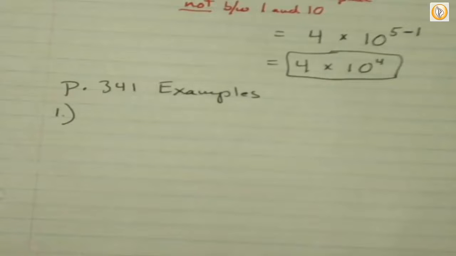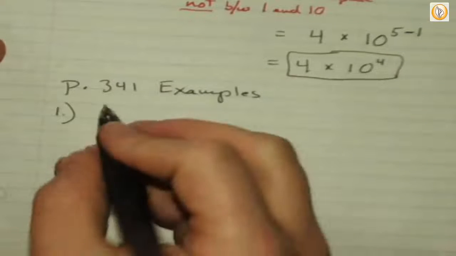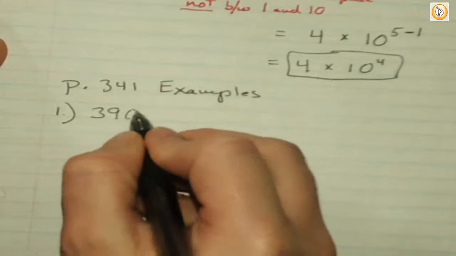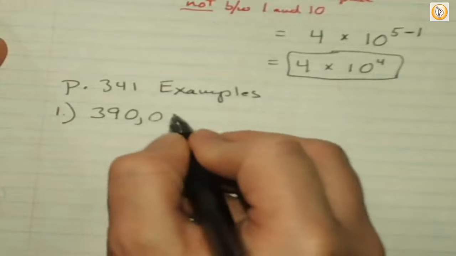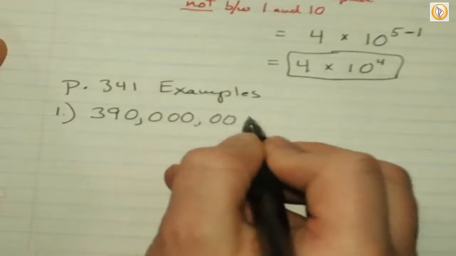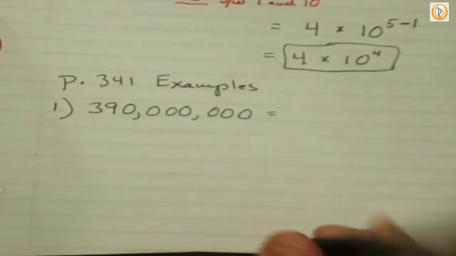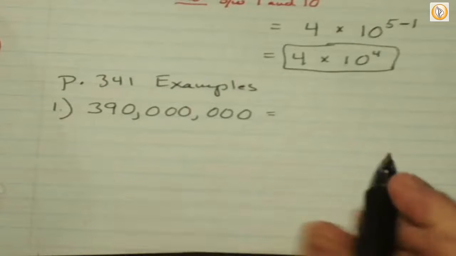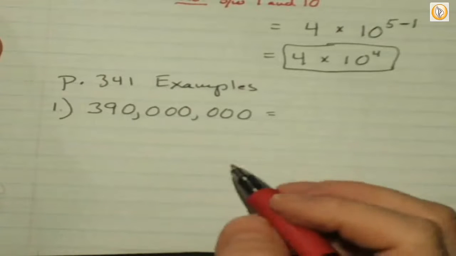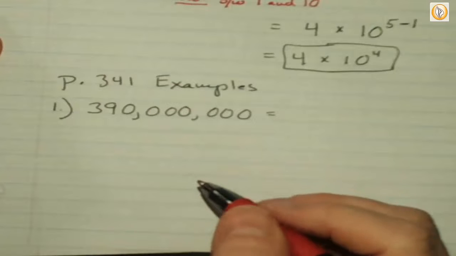All right. It says express each number in scientific notation. So they give you this number and they want you to put it into scientific notation. Okay, this is clearly not between 1 and 10. Cecilia, tell me what to do.